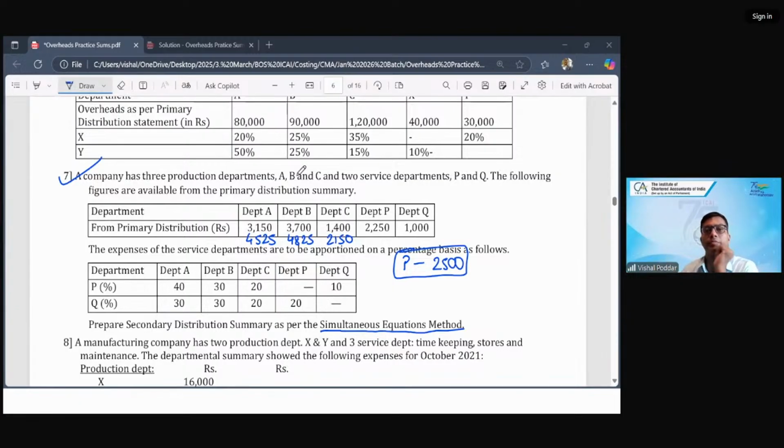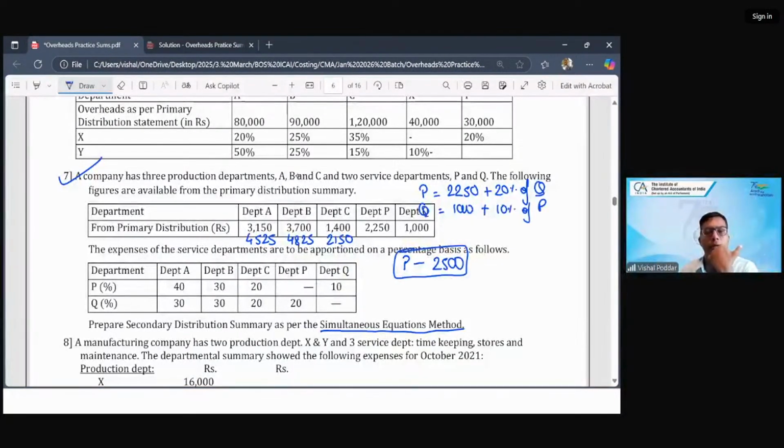Let me solve them. So the simultaneous equations are P is equal to 2250 plus 20% of Q. Q is equal to 1000 plus 10% of P. Now, I will substitute Q here.